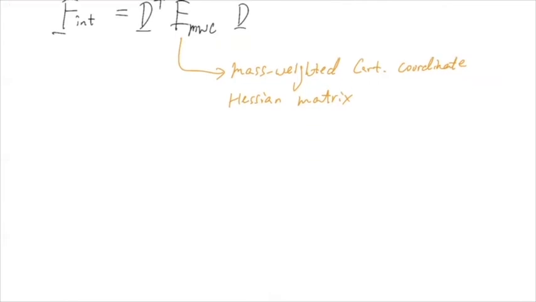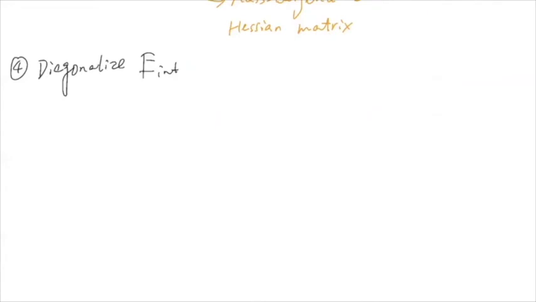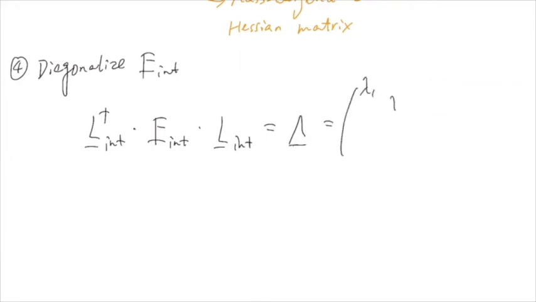And the next step is, of course, you diagonalize this internal coordinate Hessian matrix, right?